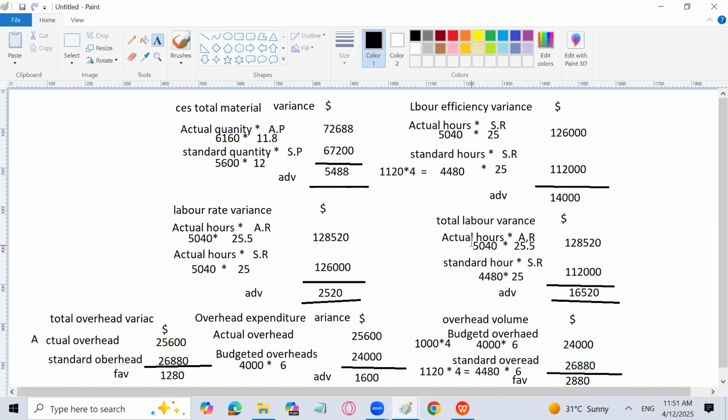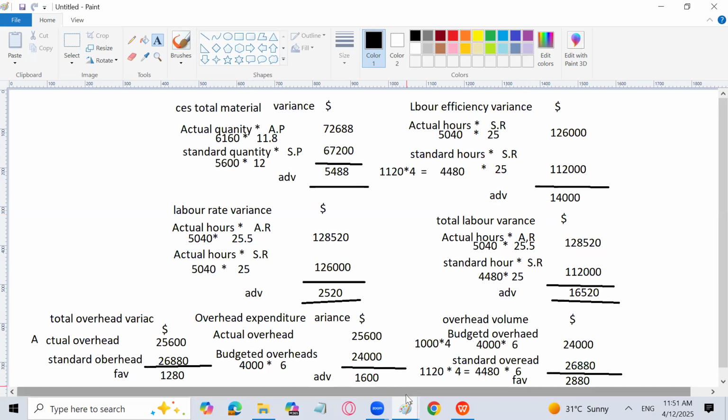In spite of that, your labor efficiency variance is also adverse. It means that your labor is also not skilled. Even though you are paying them a high rate, the labor is not that skilled, right?